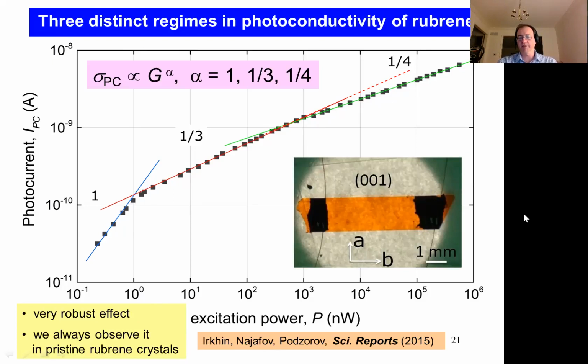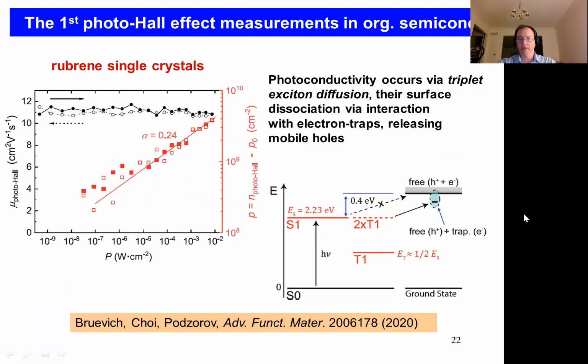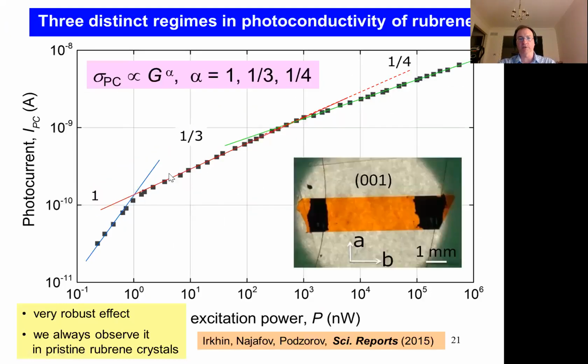And the reason this is happening is because there are processes of singlet fission into triplet excitons, triplet exciton diffusion towards surfaces where triplets interact with some defects, producing surface photoconductivity, surface photocarriers. And then there are processes of triplet interaction with the charge carriers, triplet-charge quenching, and also triplet fusion.